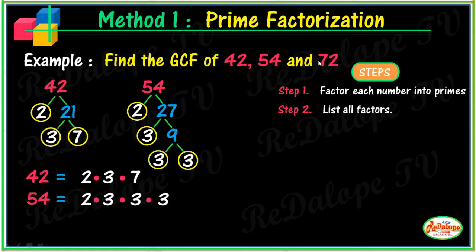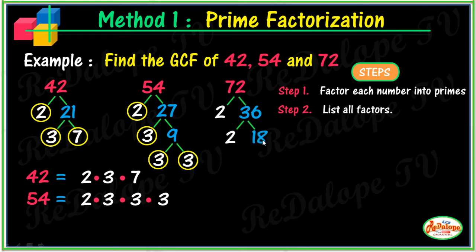And the last number given is 72. So 72 is an even number. We divide it again by prime number 2. So 72 divided by 2, so that is equal to 36. 36 again is an even number. So continue to divide it by prime number 2. So 36 divided by 2, that is simply 18.